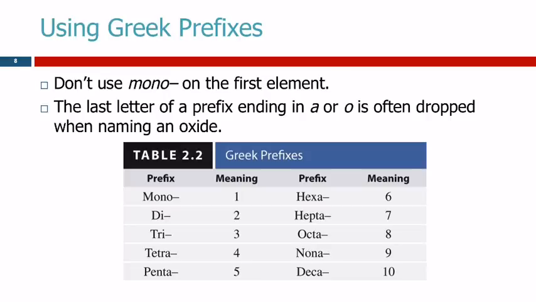Now, a lot of these prefixes end with an A, and mono ends with an O, and so we often drop that last letter when we're naming an oxide, just to avoid awkward words. Like monooxide ends up looking like monoxide with a double O in there. It looks funny.